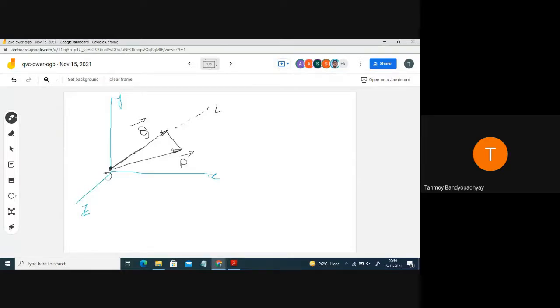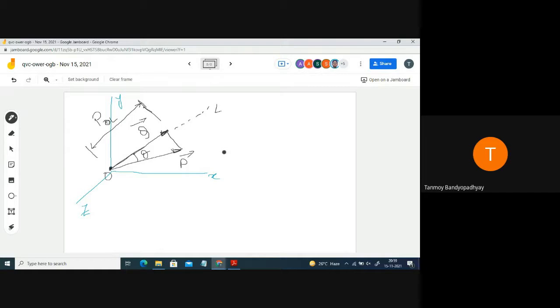It can be a unit vector also. If I need to find the projection of this force P on the line OL, OL is any direction. So what is the projection of this force on any direction OL? In this direction OL, suppose I am having a force Q. Let this angle be theta, and I need to find POL.